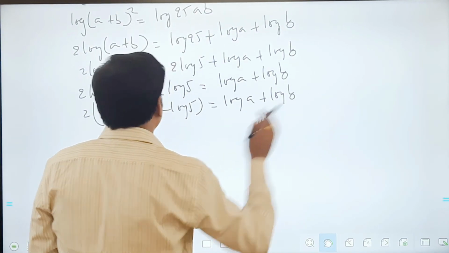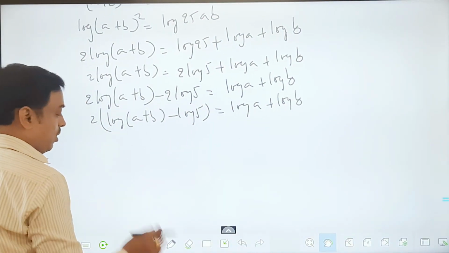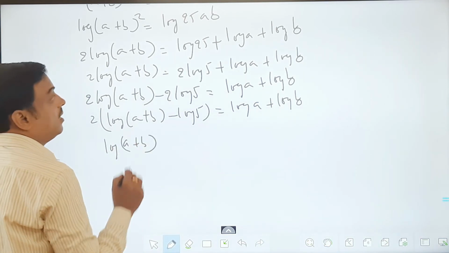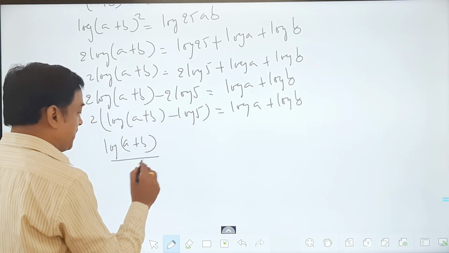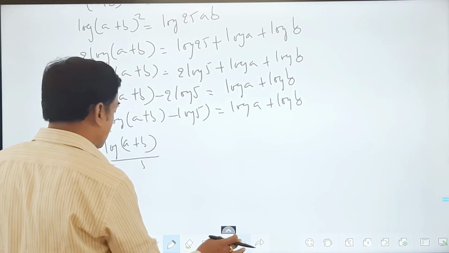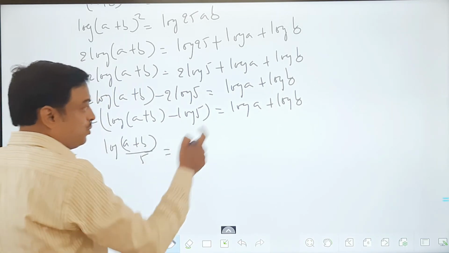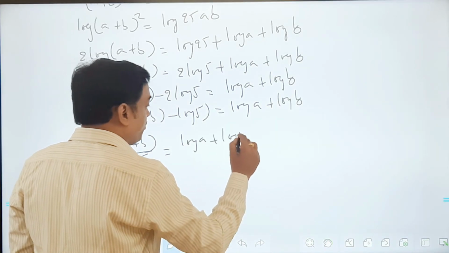Okay. Now further, sending this 2 to the other side, you'll get log of a plus b, and minus log 5 becomes the denominator, so a plus b by 5, is equal to, sending this 2 to the other side, half of log a plus log b.